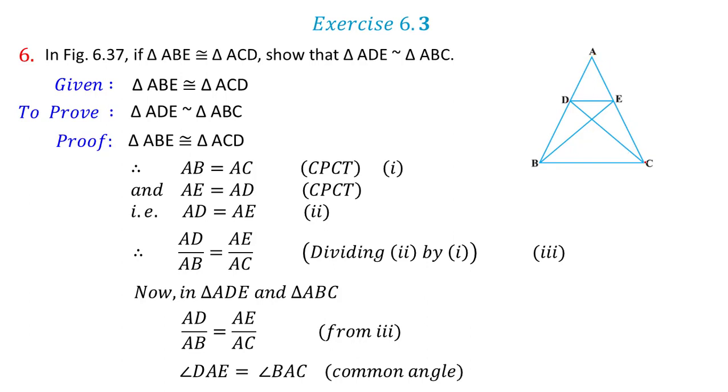So let us first understand what you can prove. Here ADC and ABE, these two triangles are congruent. That means their corresponding sides will be equal. So I can say that side AB and side AC are equal. They are corresponding parts of congruent triangles.